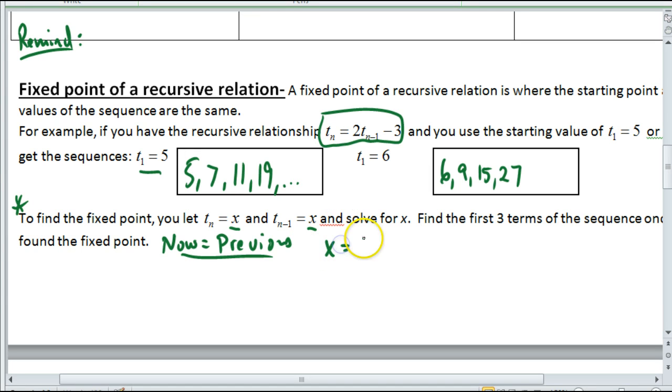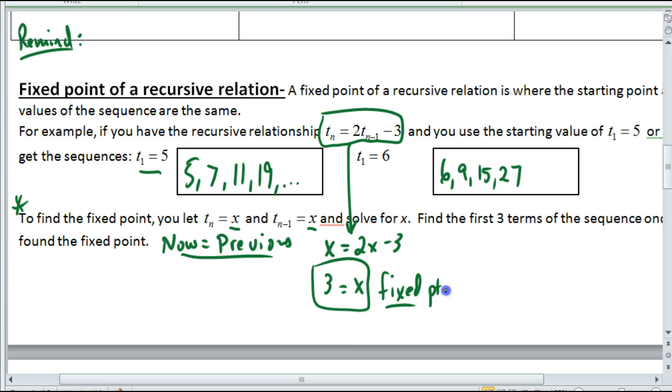So if I let x equal 2x minus 3, I get that from right there. Now I solve this out, bring the x over, so I get x is equal to 3. This would be my fixed point. Now if you doubt me, take it and plug it in. This is the seed that I'm looking for.